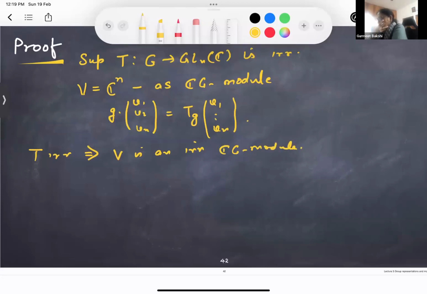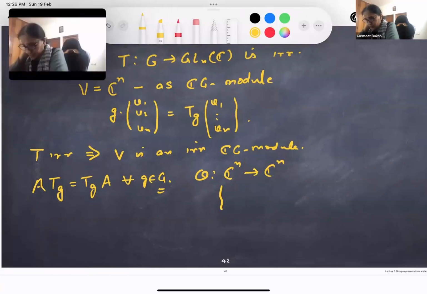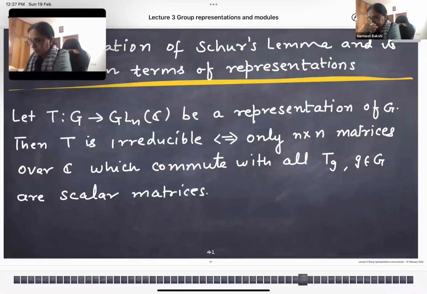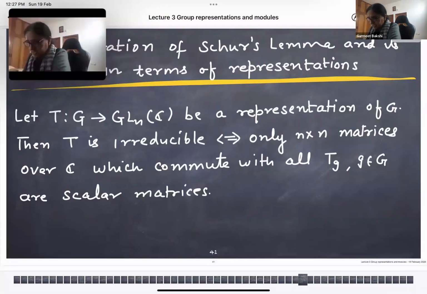All right. Now, suppose you are given a matrix A which commutes with all Tg. So I look at this. Okay, so my aim was, I will go back to my question, that your representation is irreducible if and only if the only matrices which commute with all Tg are scalar matrices.